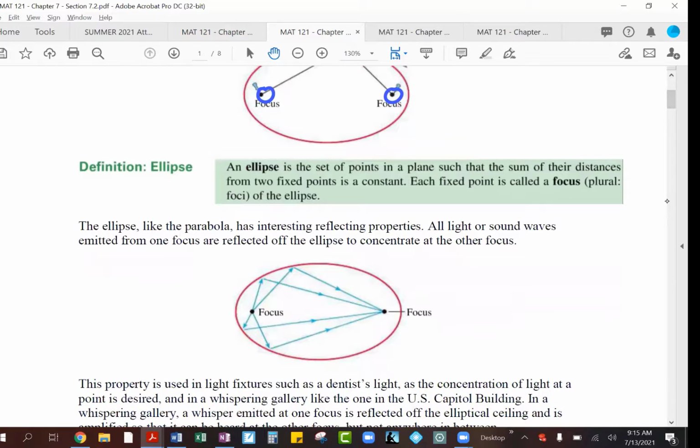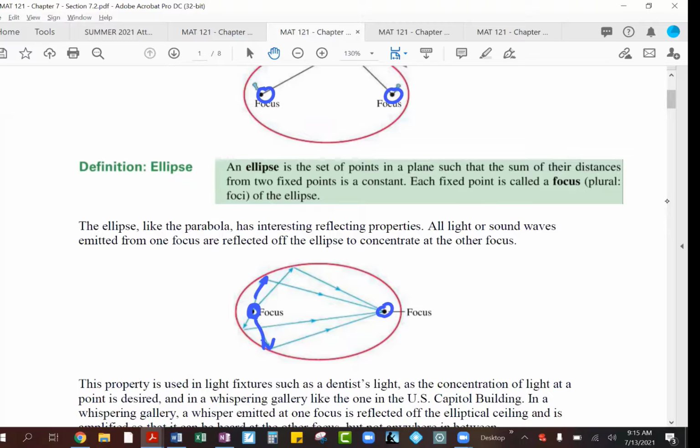So again, a very interesting reflective property for ellipses also. If your light or sound source is placed at one focus, it's going to bounce off that elliptical surface, and all of that sound or light is going to be concentrated at the other focus. So the light source or the sound has to be at one focus. It's going to reflect off that elliptical surface, and then it's going to concentrate at the other focus.